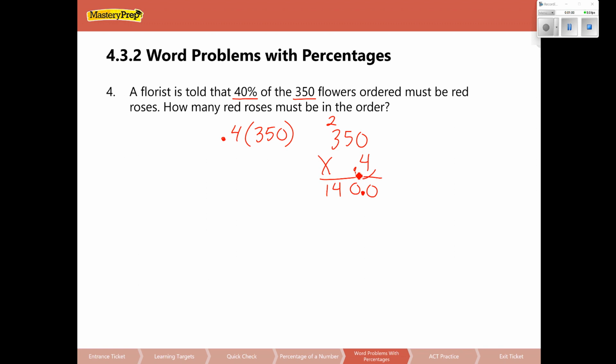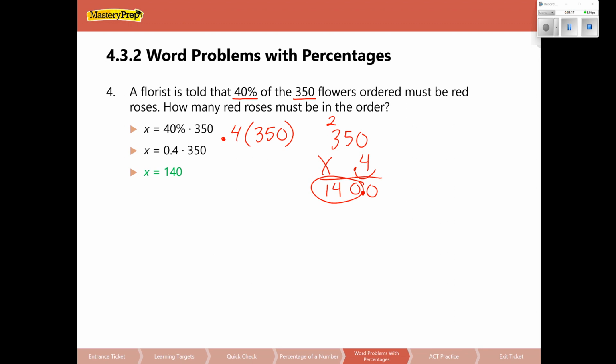And then since we have one decimal place, we move it over 1. So 140 of them must be red roses.